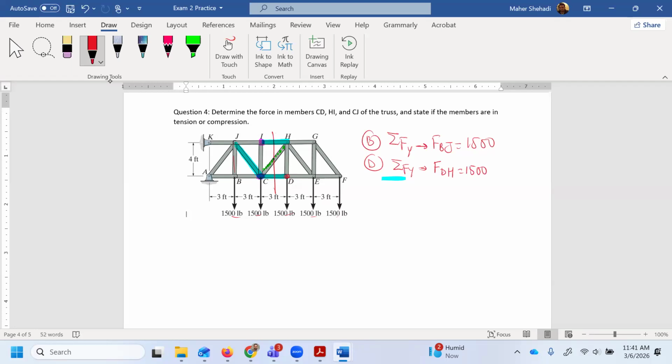So these are not zeros. We do the same, except when we don't have a force, that would actually remove that member. So if you look here at joint I, take summation of force in the Y equals 0. What do I have? I have nothing, and I have FCI. That's it. I have the force going down here. That's equal to 0.